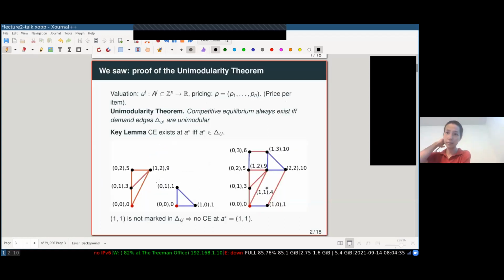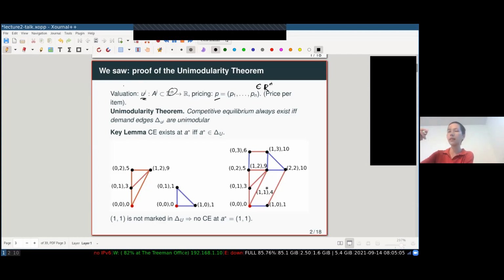Okay. So last time we saw the proof of the unimodularity theorem, which if I may remind you, goes: we have a discrete auction with valuations Uj for the jth agent. We have n types of items, and the auctioneer could choose a price p, which is just a vector in R^n, where p_i is the price of item i.